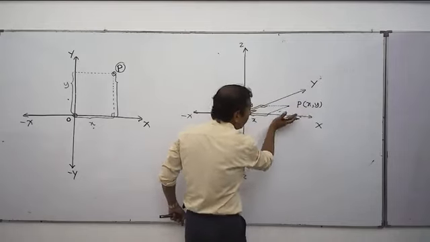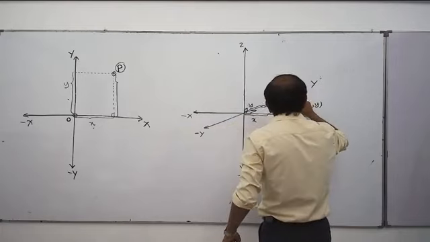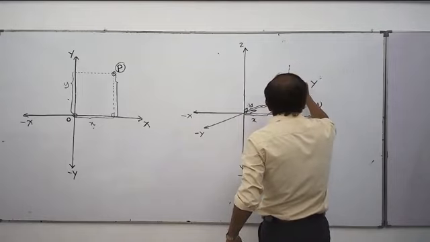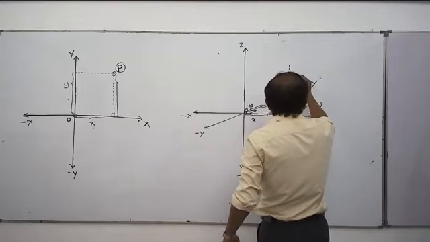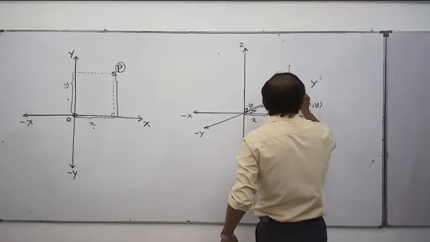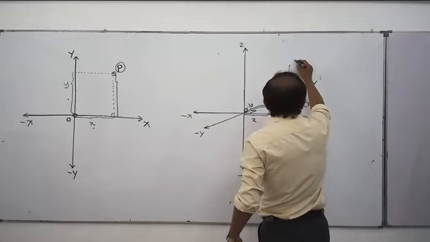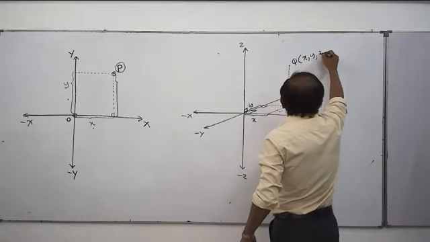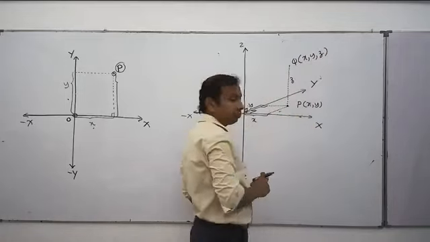Now, this point P, after coming out from the plane, goes up a height. This is now the Z coordinate. So therefore, if the point here is Q, Q has the 3 coordinates x, y, z. Understand?